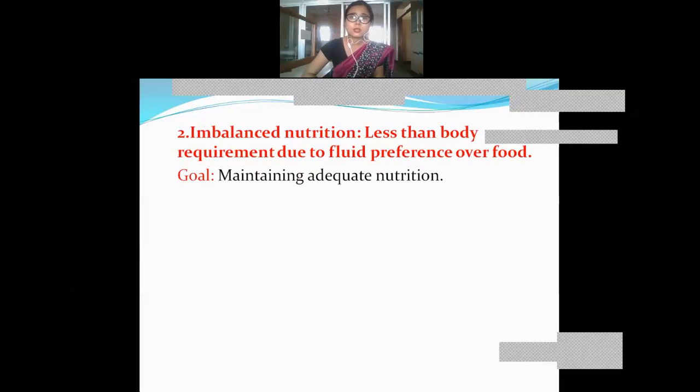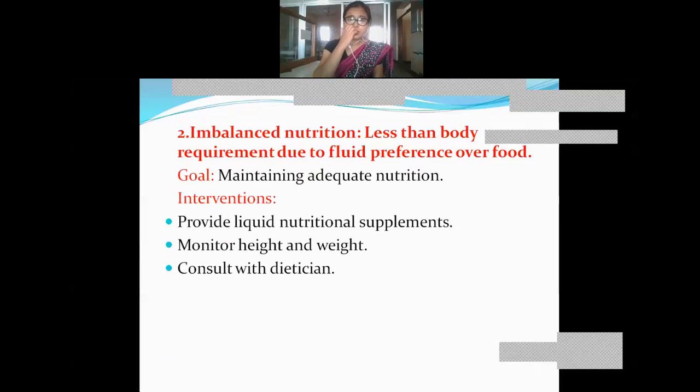For this, the goal is maintaining adequate nutrition, and interventions are to provide liquid nutritional supplement. When you provide liquid nutritional supplement, the person will not feel like taking more water. Monitor the height and weight and consult with dietitian to give adequate nutrients to the patient.